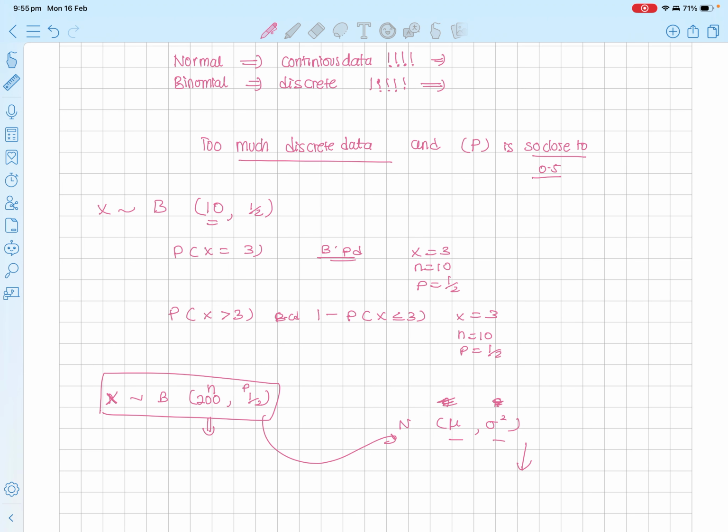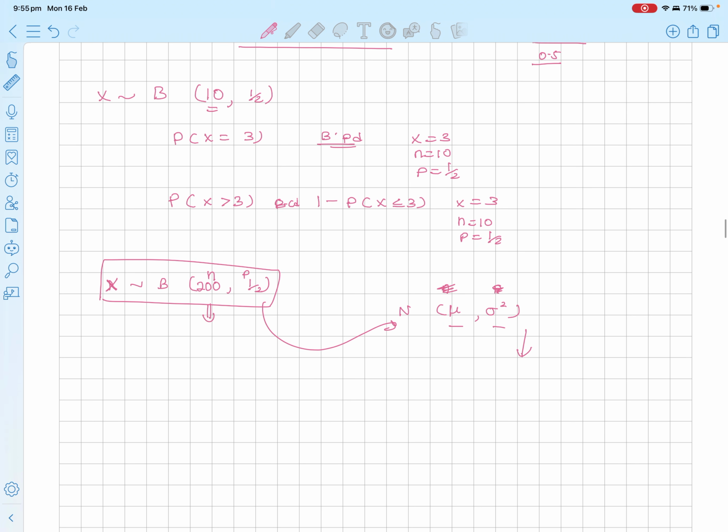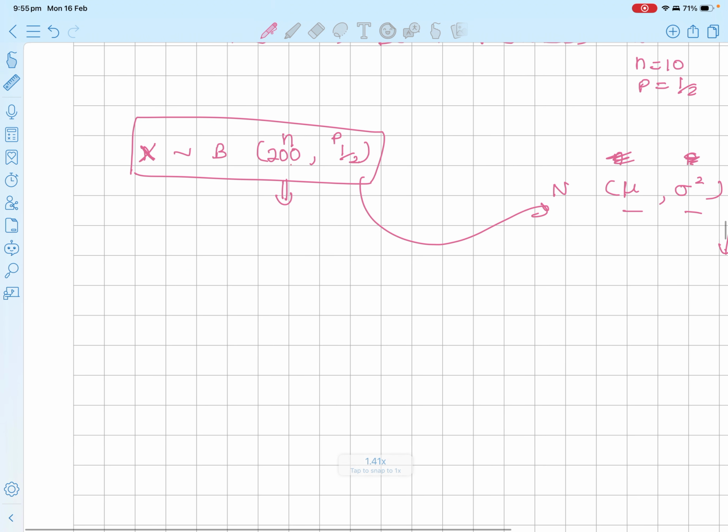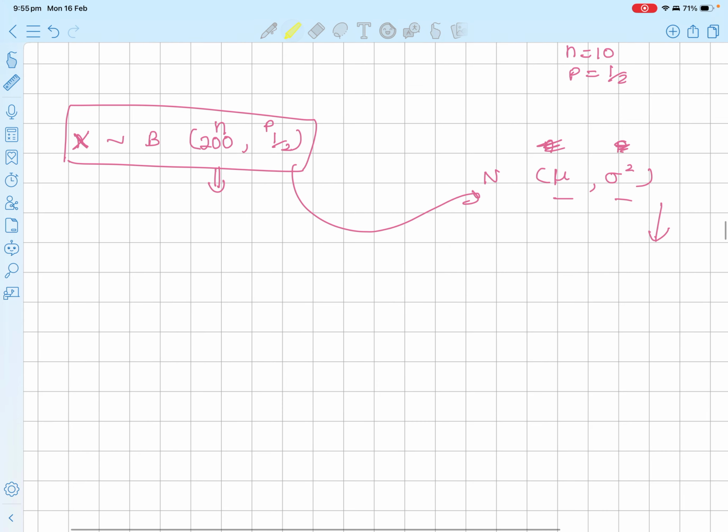normal. So in this example where I've said n is 200, p is half, this is my binomial distribution. I'm going to convert this data to normal distribution data. If I'm converting from binomial to normal, I need to know what my mu is for this data.